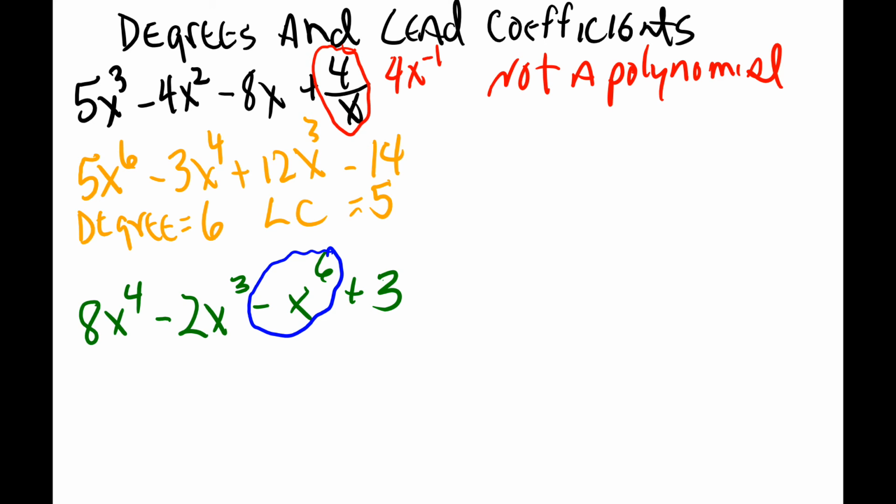That being the case, this is a polynomial in one variable, and it has a degree of 6 and a leading coefficient of negative 1. All right, there we go. There are some examples of identifying degrees and leading coefficients of polynomials in one variable.